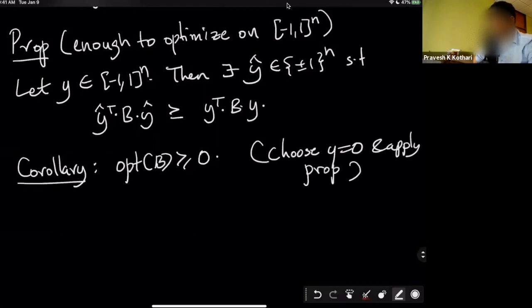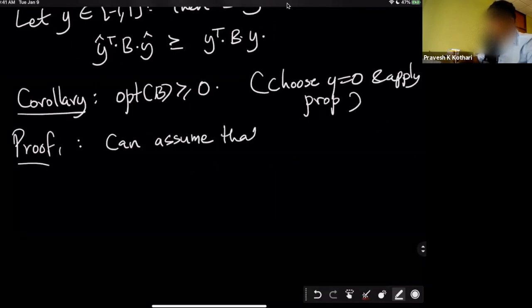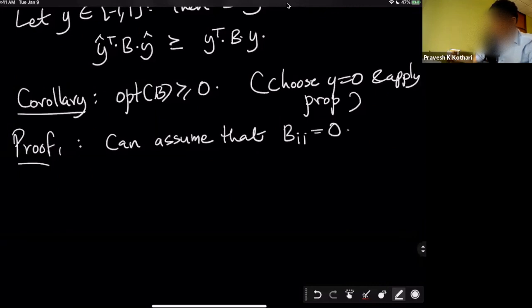Okay, so that's good. So at least this proposition is somewhat helpful. So let's prove it. First, I want to say that I can assume that B_ii are all zeros.